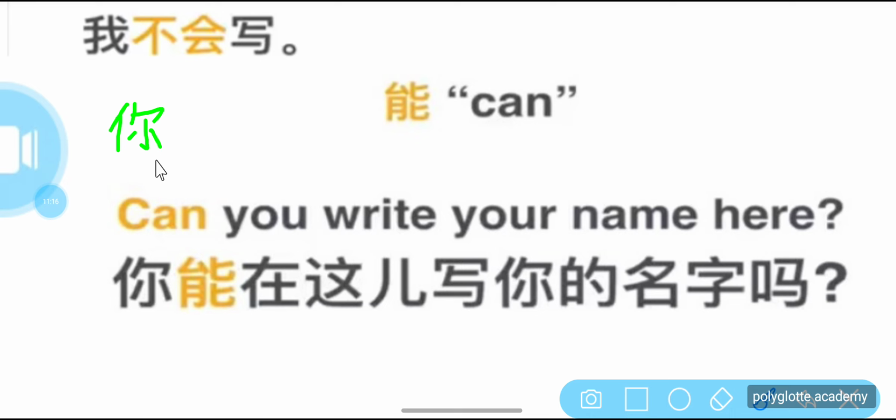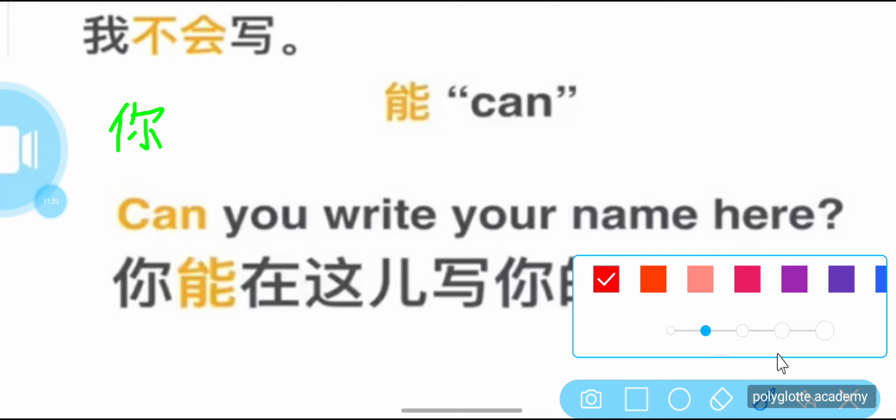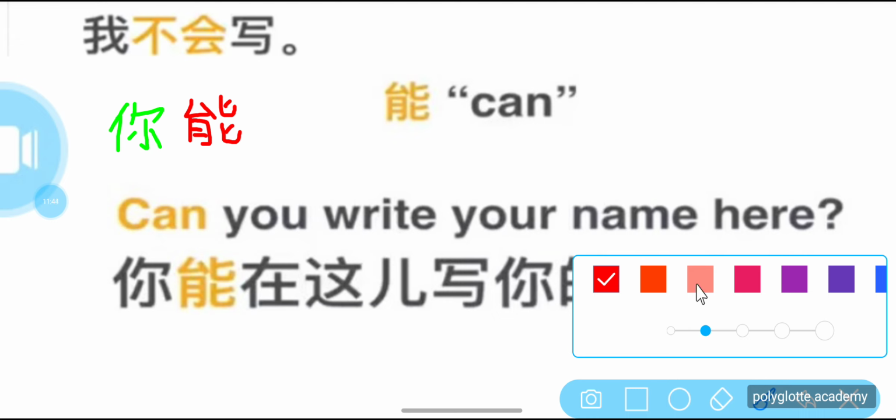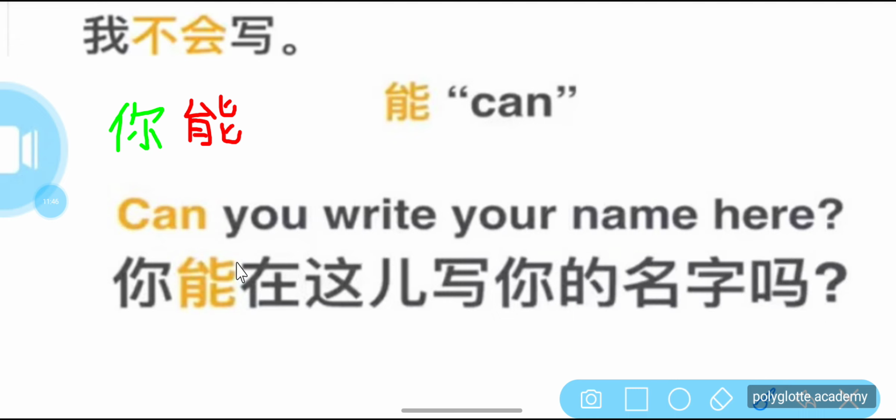你, 能, so this is how you write the Chinese character 能. Once you go to 在这, I'm going to represent this 在这 with the same color.